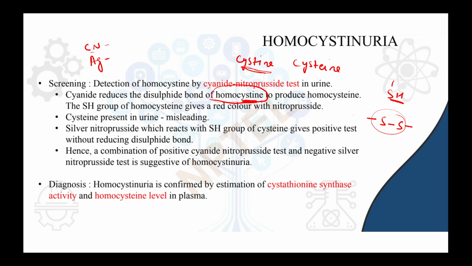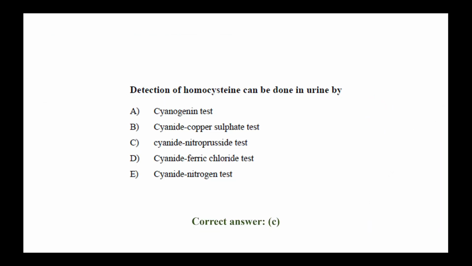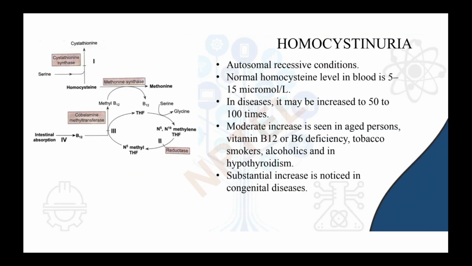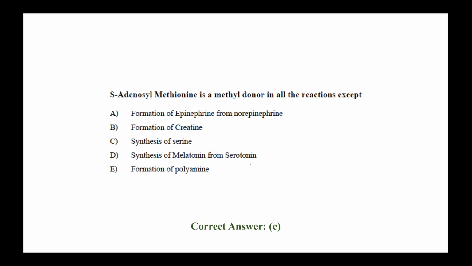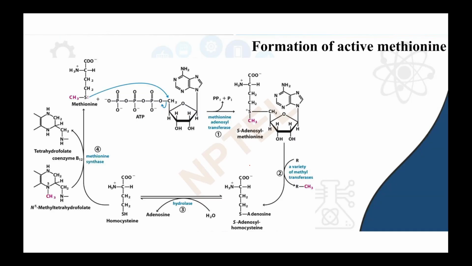So homocysteine, since it has sulfhydryl groups, has a tendency to form disulfide bonds. This is homocysteine. You see this SH group.